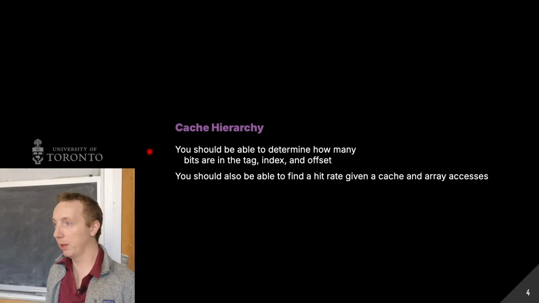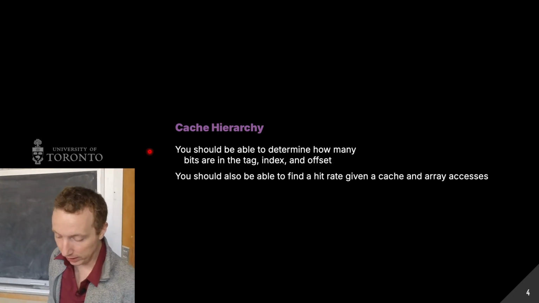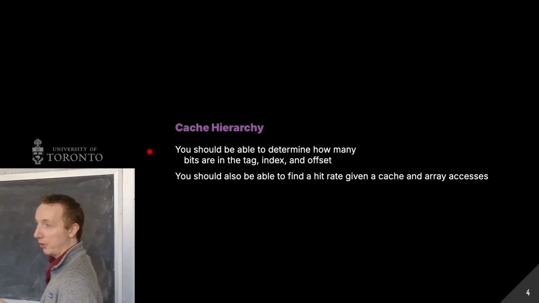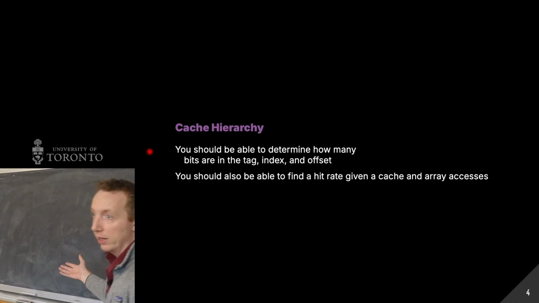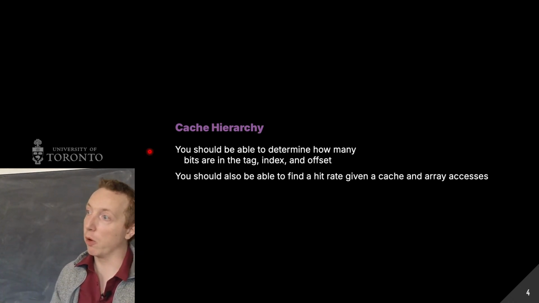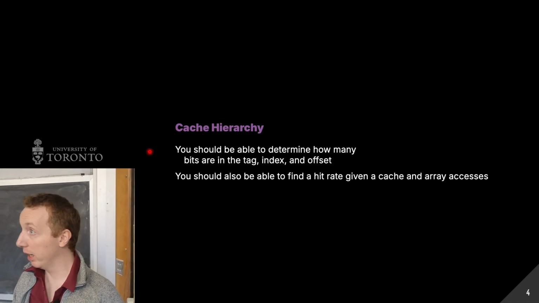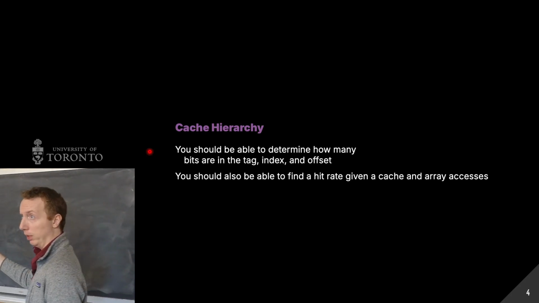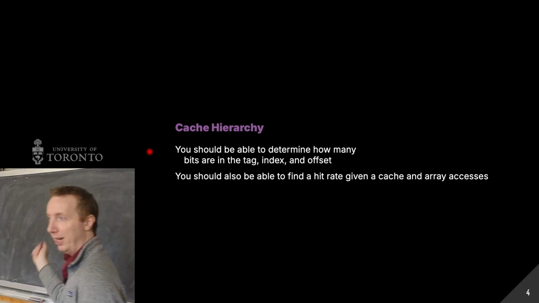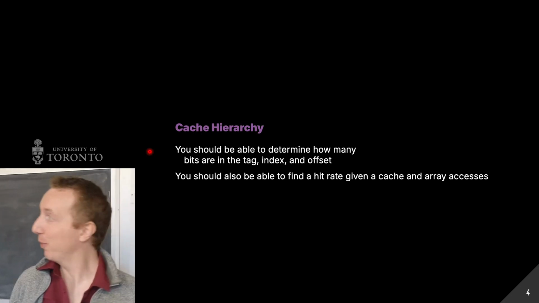You should also be able to find the hit and miss rate. If I give you a cache and some simple array accesses, you should be able to tell me more or less what the hit rate is. Questions about that?